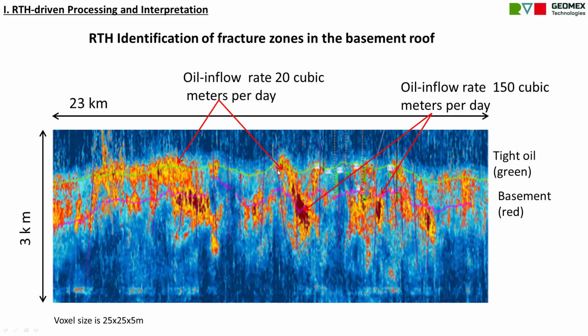This point concerns the natural fracture in the basement. It is tidal oil, and the oil flow rate is about 20 cubic meters per day. But at the upper part of the basement, there is a huge fracturing diffractivity zone. After our prediction, they drilled and obtained an oil flow of about 150 cubic meters at this point, in the upper fracture at the top of the basement.